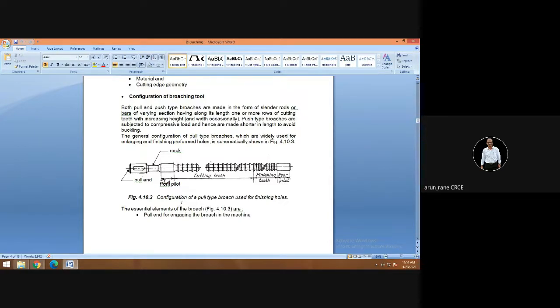Even if you consider 500 mm, the machining time will still remain in seconds only, because we just now calculated 300 divided by 7,000, and it was coming somewhere around 5 seconds. So if you use a 500 mm broaching length, it will be around 8 or 9 seconds.